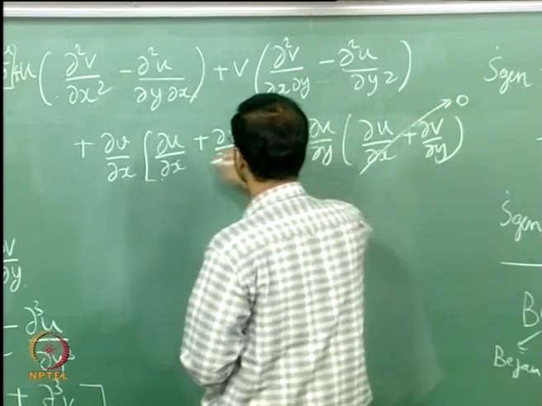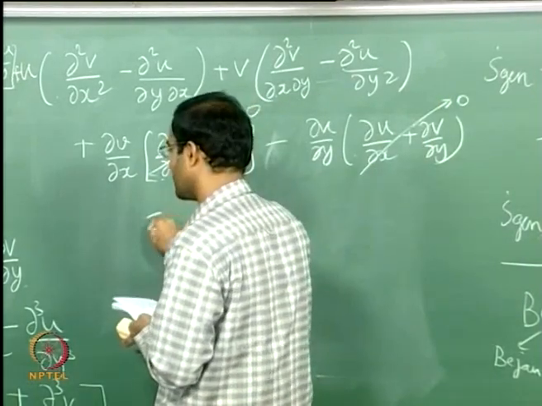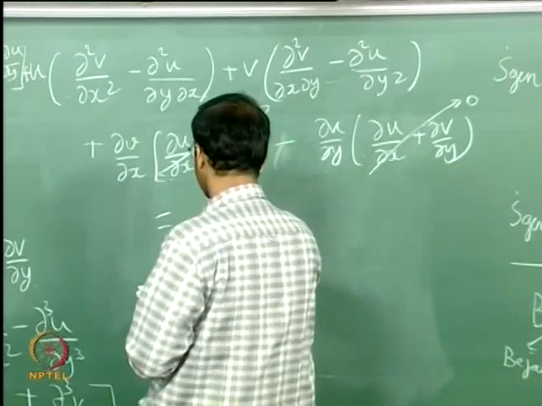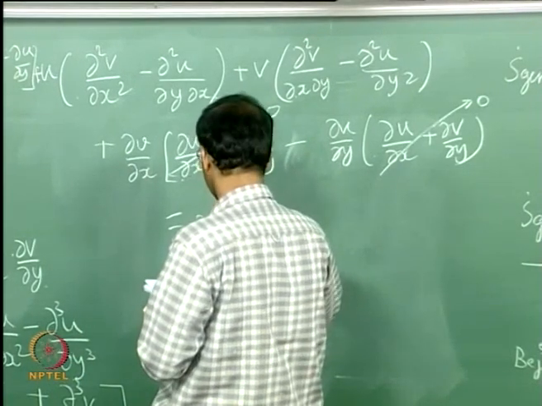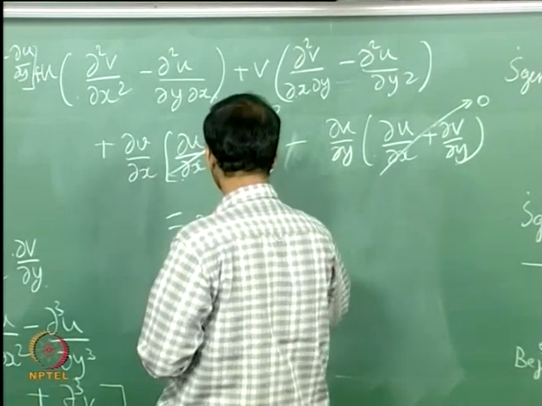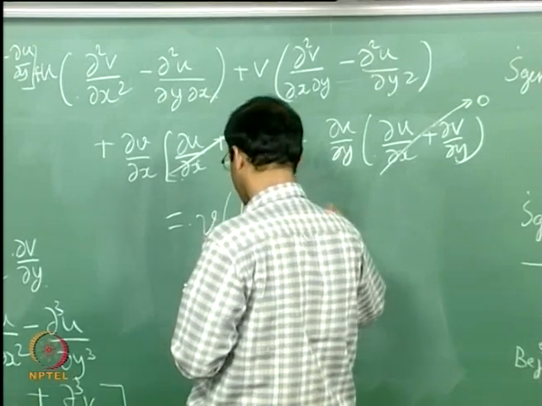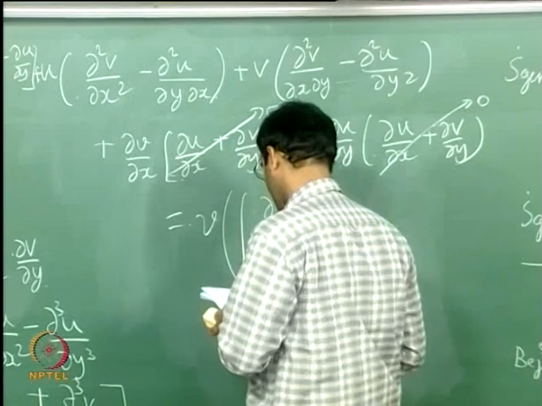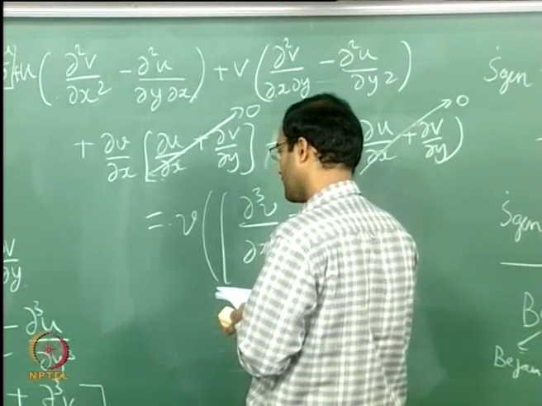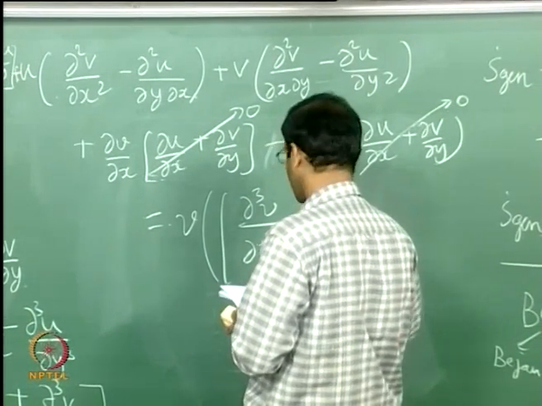So this goes, this also goes. On the right hand side I can just group them as d cube v by dx cube minus d cube u by dx square dy, okay.